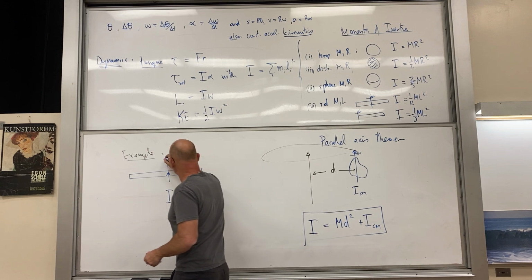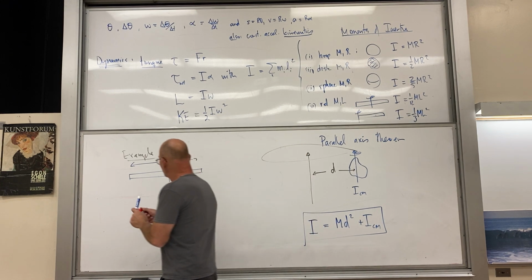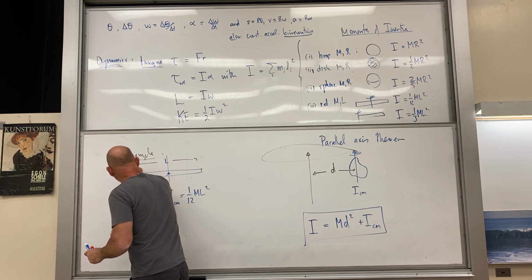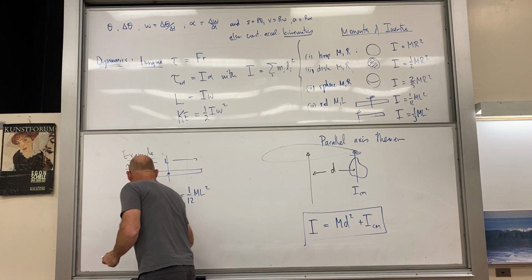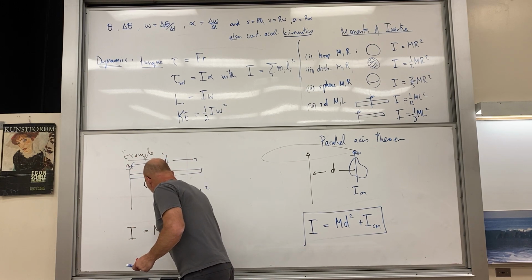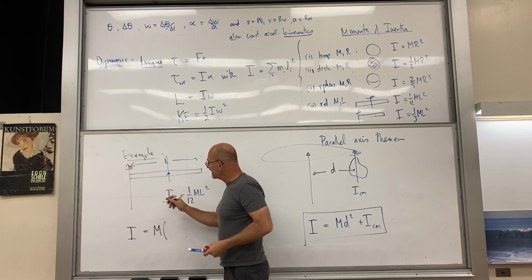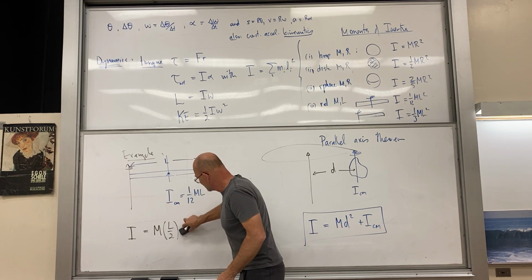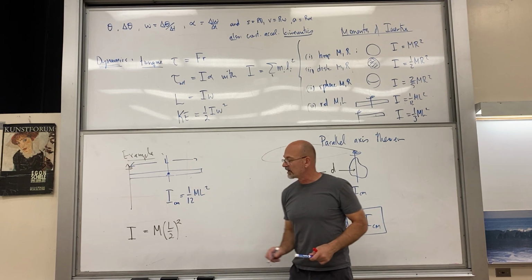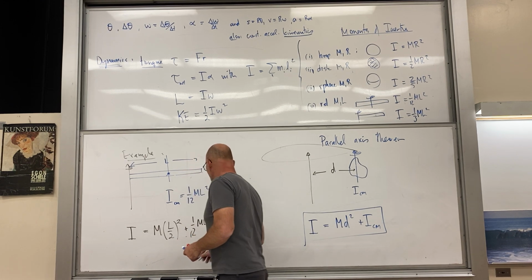Okay, the stick is total length L. So now if we swing this around this axis here at the end, then we have to have mass times this distance here. What did I call it? D? Well, this distance D is now equal to L over 2. Half the length of that thing. Go ahead and square it. L over 2 squared plus 1/12 ml squared.